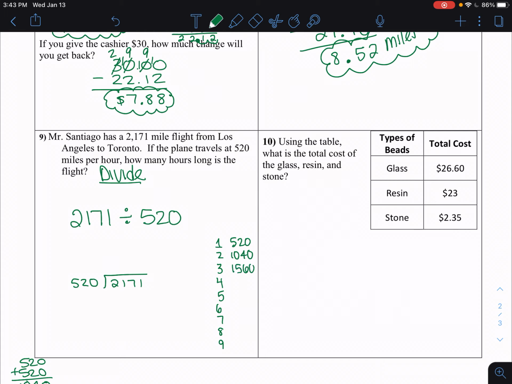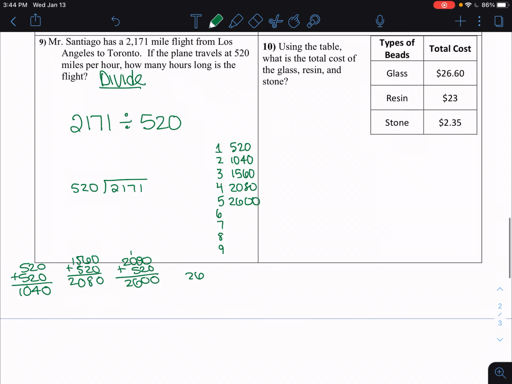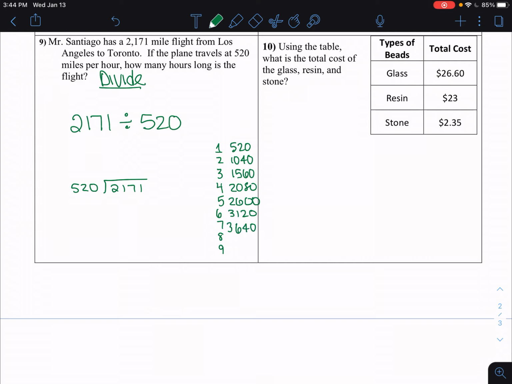So this is going to be 1,560 plus 520, 2,080. 2,080 plus 520, 2,600. 2,600 plus 520, 3,120. And then 3,640. And then 4,160. And then 4,680.